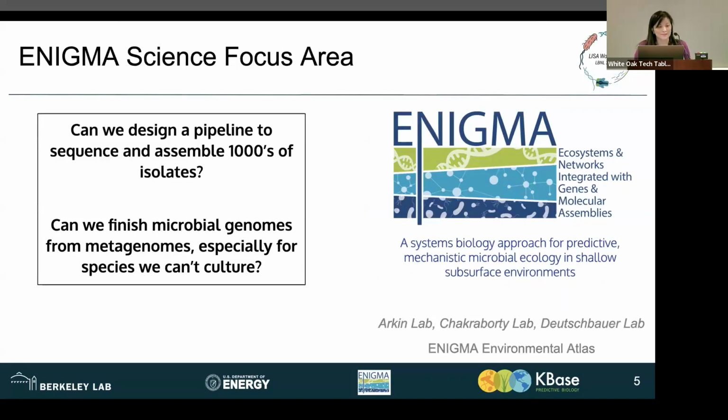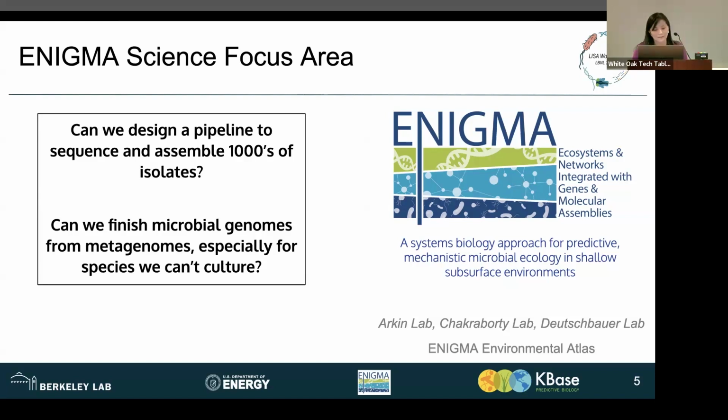So this was really also motivated by the work that I'm involved in with this Enigma science focus area. We have a focus on trying to get as many isolates as possible to characterize the field site that we're working at.